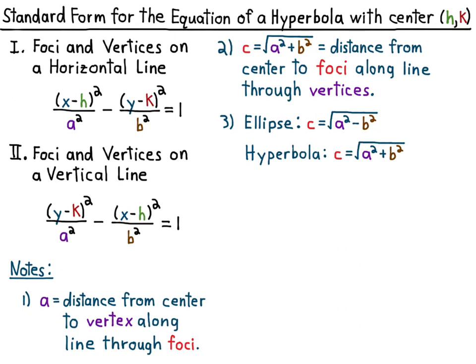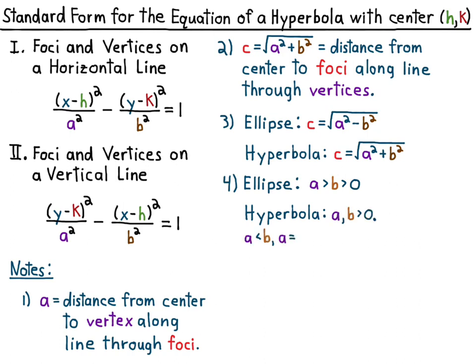So C is smaller than A. For the hyperbola, C is larger than A. That's why one is minus and one is plus, or at least that's a way to remember it. For the ellipse, A is always the larger number. For the hyperbola, A could be larger or smaller than B. It's just the one that goes with the positive term.